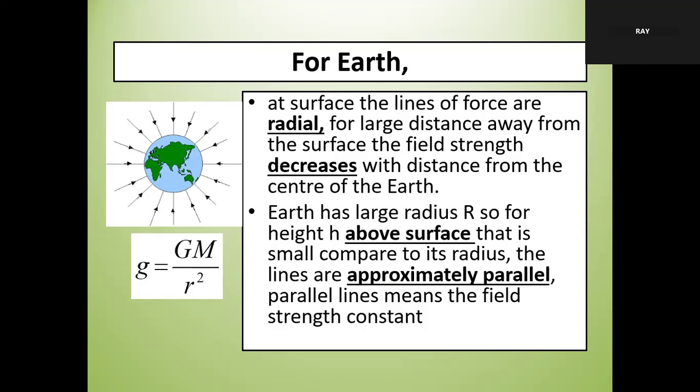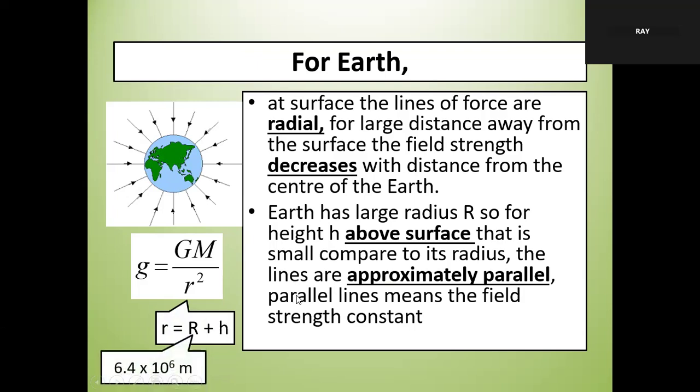The Earth has a large radius, so for height h above the surface that is small compared to its radius, the lines are approximately parallel. Small distance above the Earth, the lines are roughly parallel, so it's a uniform field. Usually they will give you the radius of the Earth and the altitude or height above the surface. Radius of the Earth is about 6.4 × 10⁶ meter.